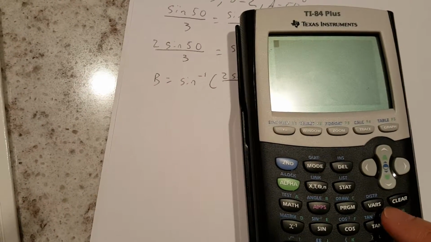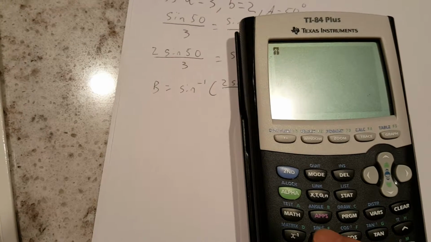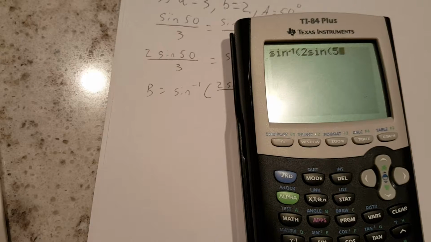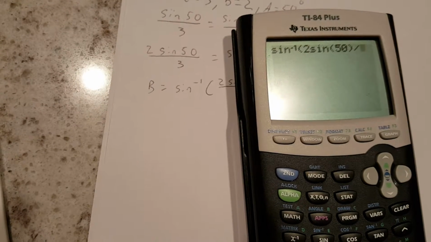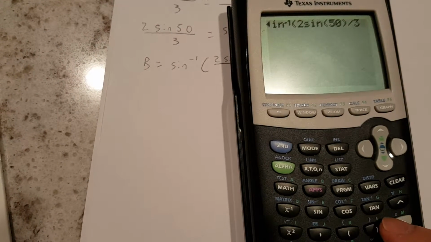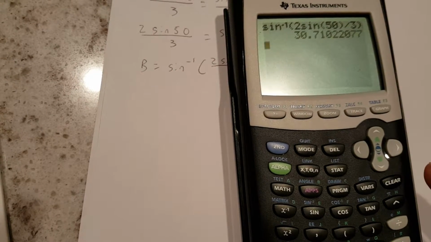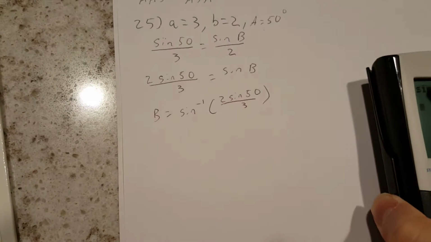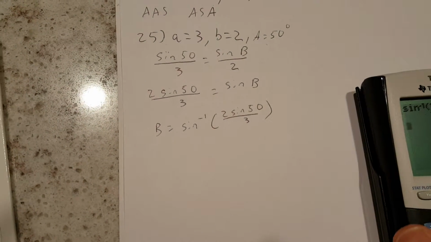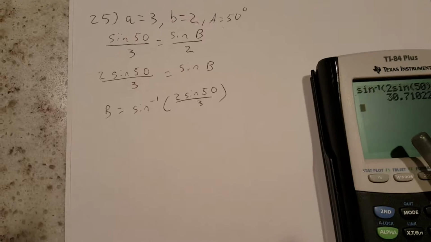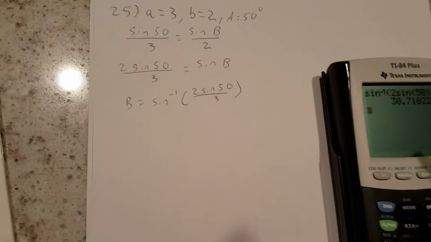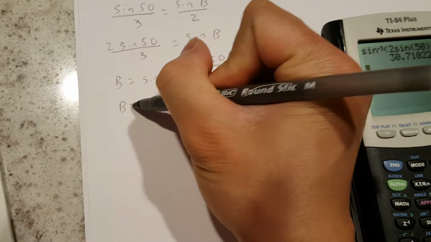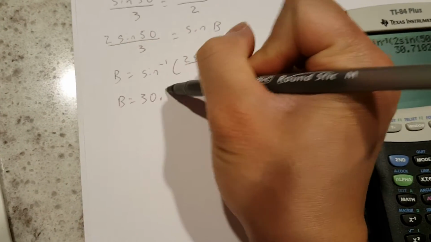We do the inverse sine of 2 sine 50 divided by 3, and we get 30.7 degrees. So angle B is 30.7 degrees.